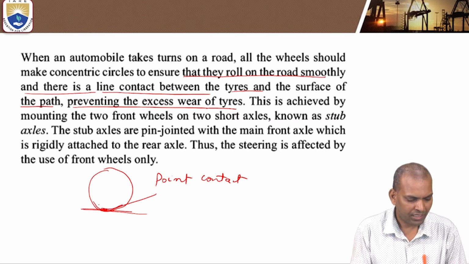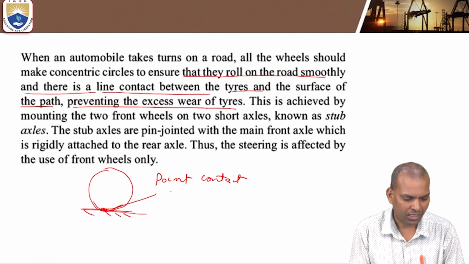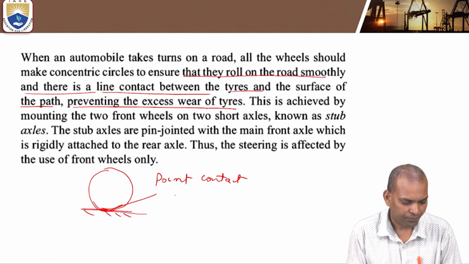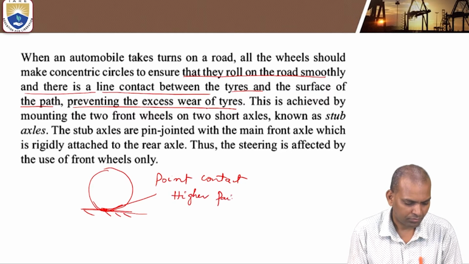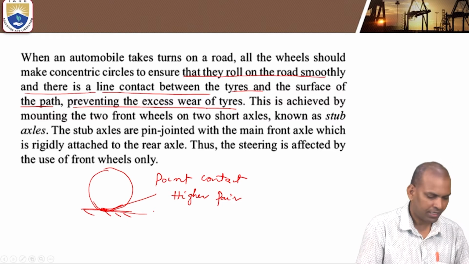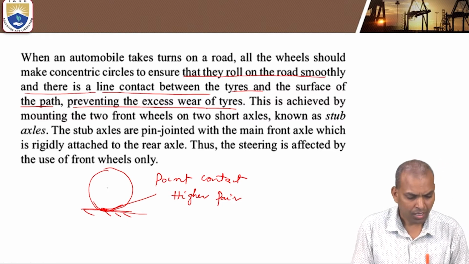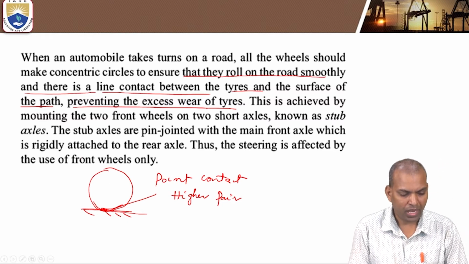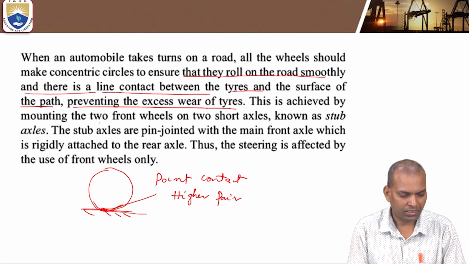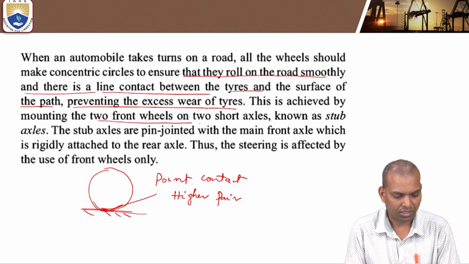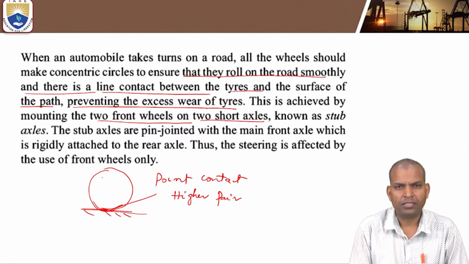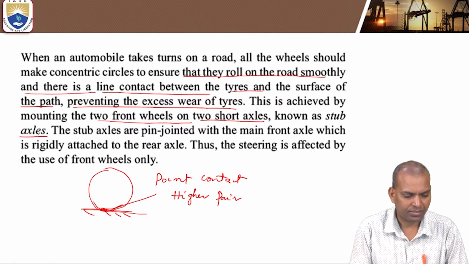When the contact between two things is a point contact, it is known as a higher pair. Now this contact will be achieved by mounting the two front axles on two short axles, known as stub axles.